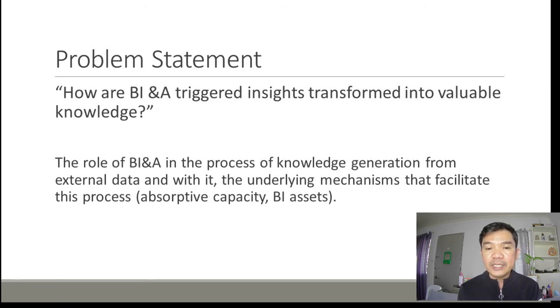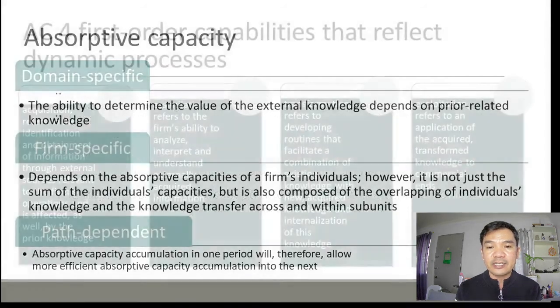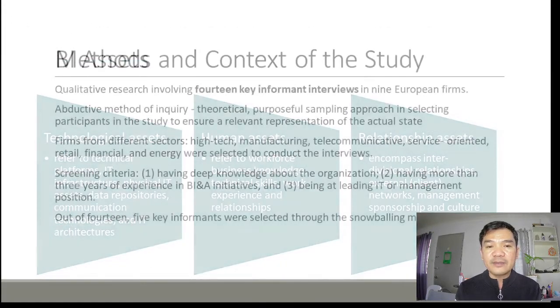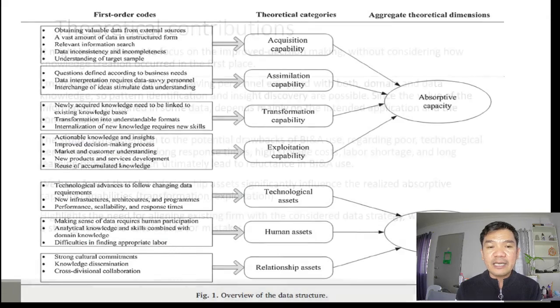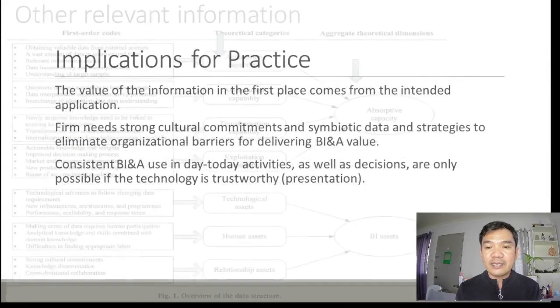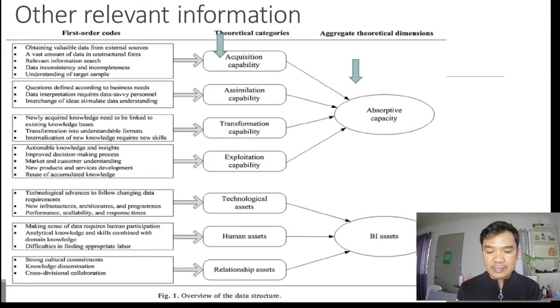That means we're looking at the absorptive capacity and BI assets, and how they facilitate the process of transforming external data into valuable knowledge in the organization. The result can be analyzed as a hypothesis of the process.